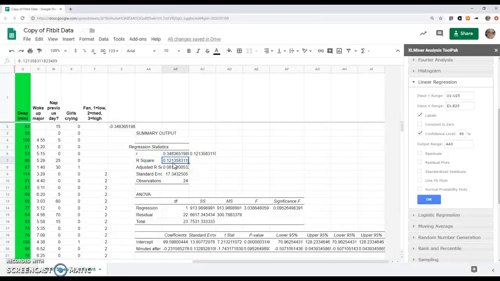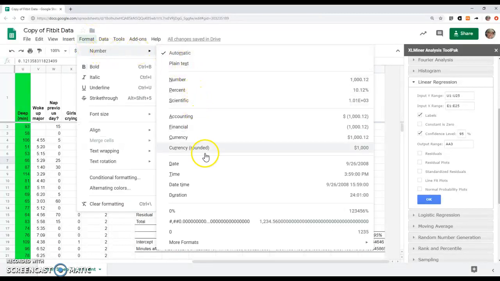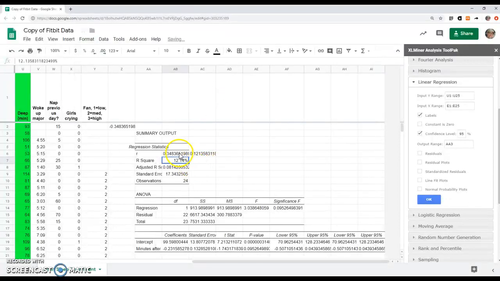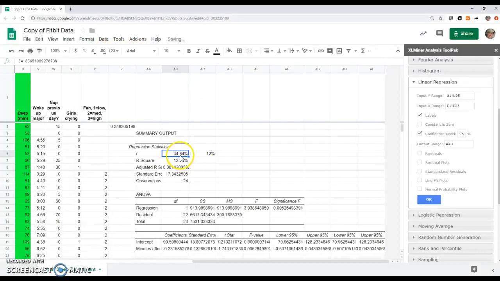You're squaring it. This number can be changed into a percent. If I put this as a percent here, this number cannot. I mean, you can select percent here and it'll convert it to a percent, but you should not do that. I'm going to undo that. It won't be a meaningful percent. This r-squared is a meaningful percent.